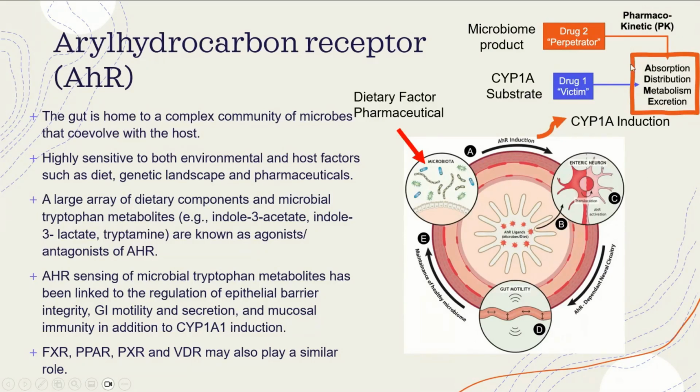So you're actually affecting directly, through AHR activation, the absorption at the level of the intestine. So it's a little different type of drug-drug interaction, where now you're affecting the microbiome, and the microbiome is affecting drug interactions as well.